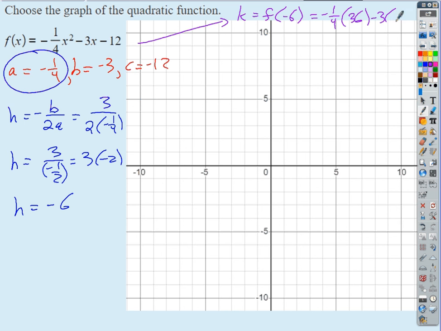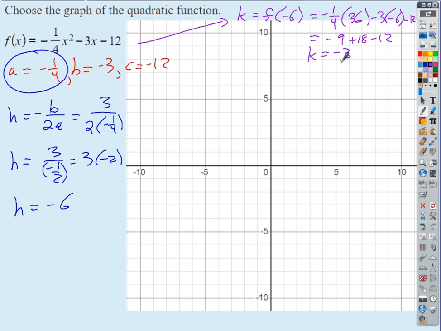Minus 3 times negative 6 minus 12. So I get negative 1/4 times 36 is what, negative 9? Plus 18 minus 12, so I get 18 minus 21 is negative 3.